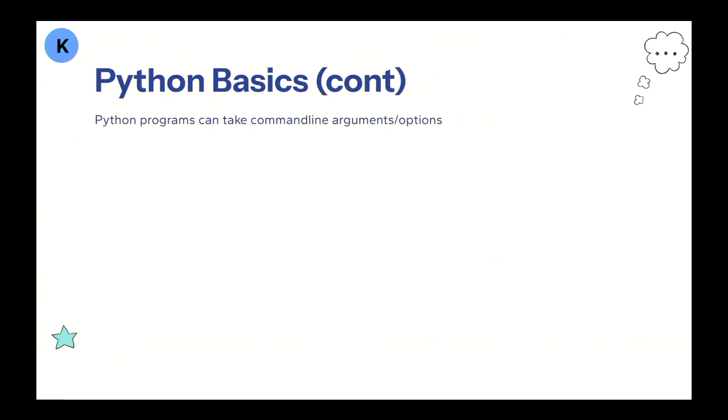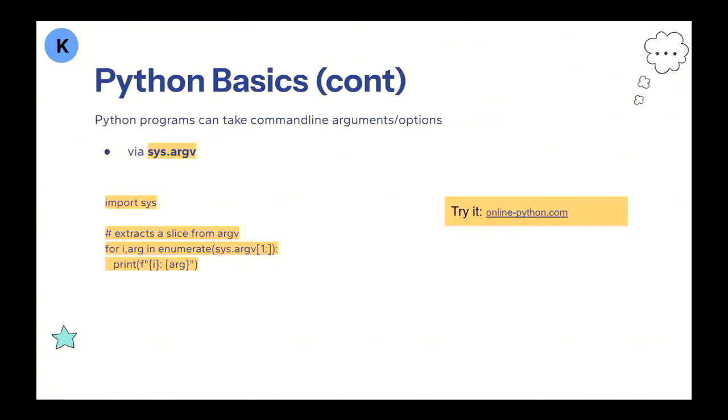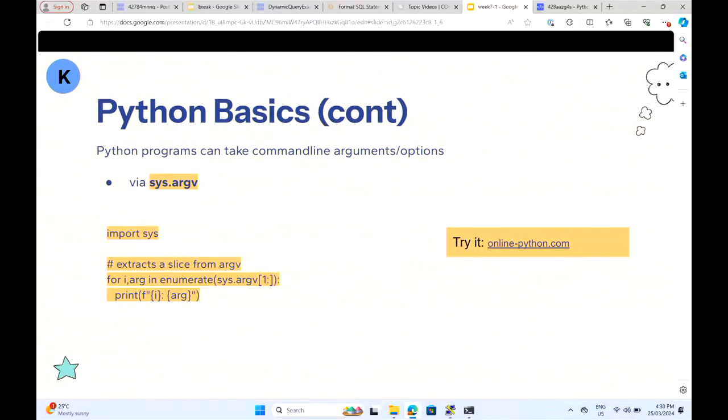And also, Python programs can take command line arguments or options via a variable called sys.argv. And we can have a try of this one here.